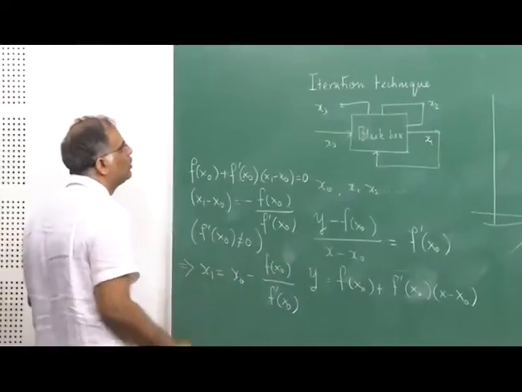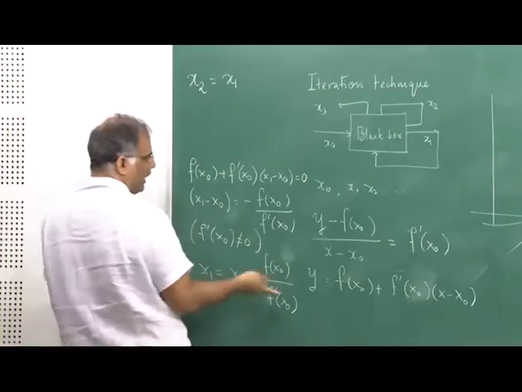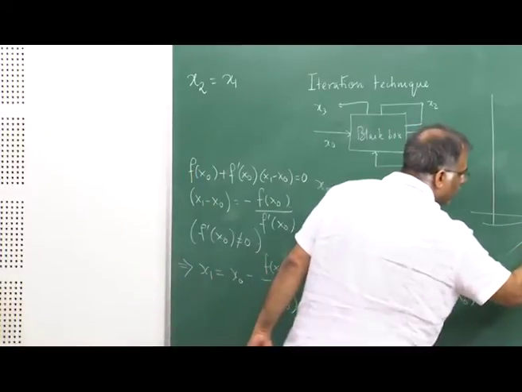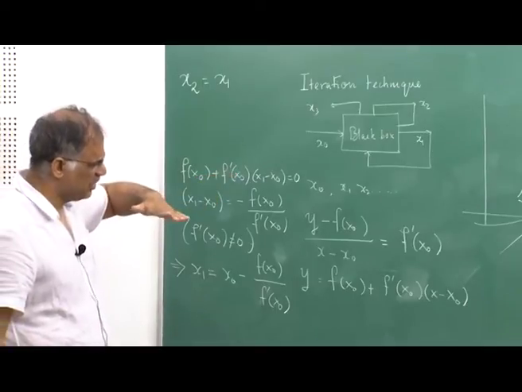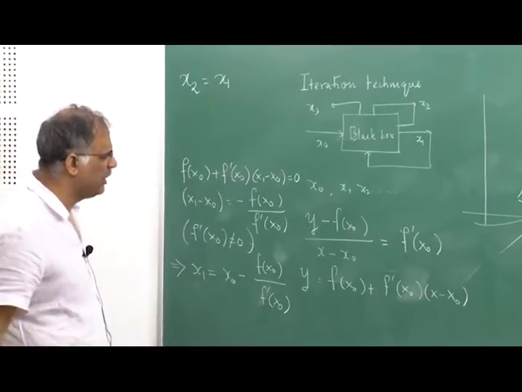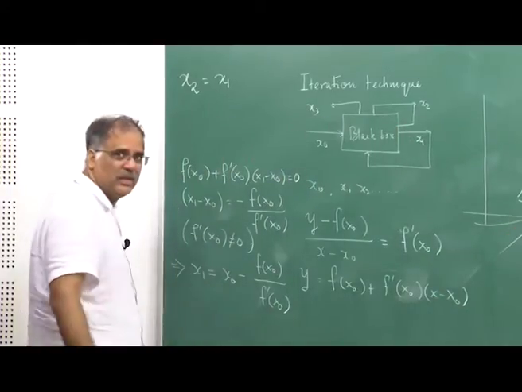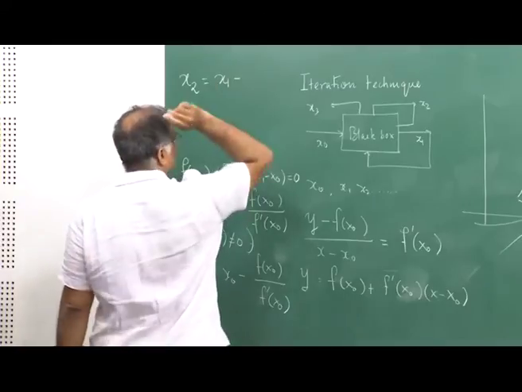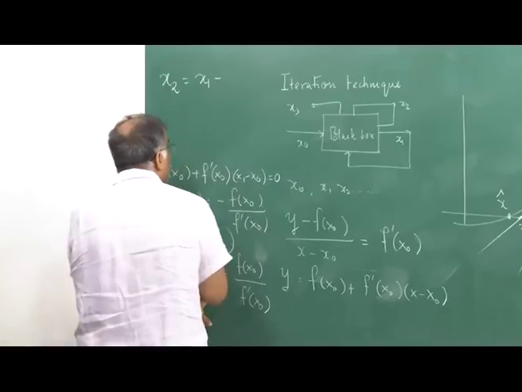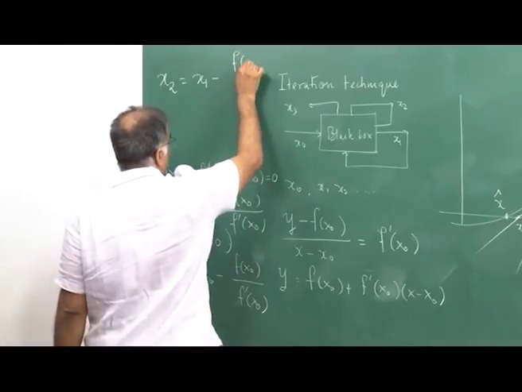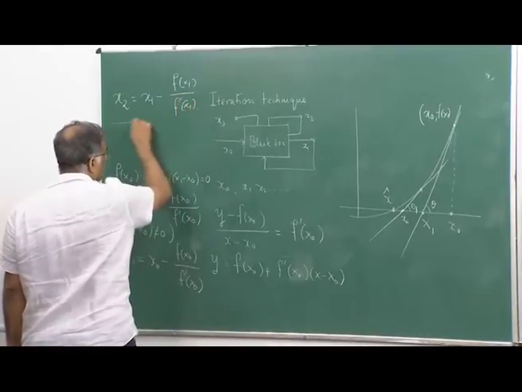So x2 would be equal to x1, assuming again, look at this theta 1, that the angle is not horizontal, so the derivative cannot be 0, the tan of theta cannot be 0. So it is x1 minus f(x1) by f dash(x1). This is the scheme.